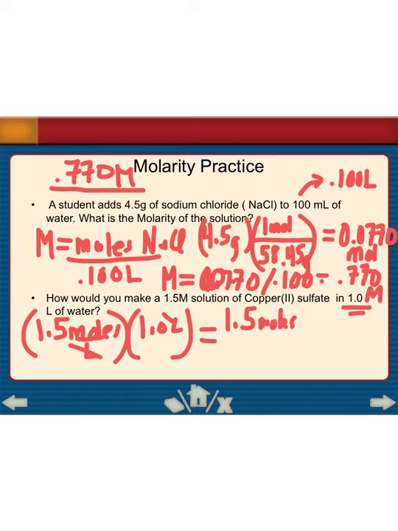I have to look up the molar mass of copper sulfate. Molar mass of copper sulfate is 159.61 grams per mole. And therefore I'll have 1.5 moles.